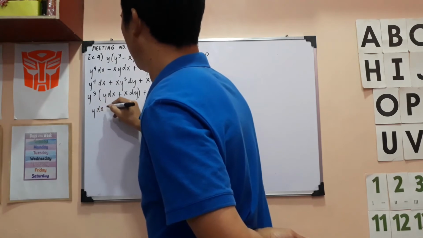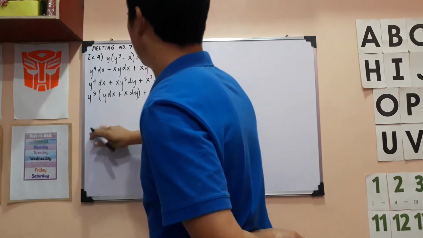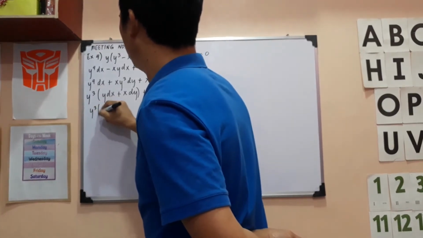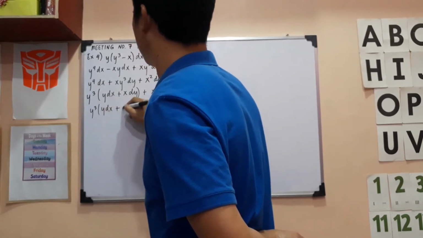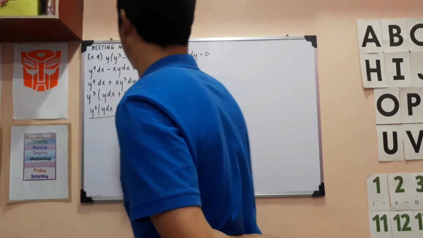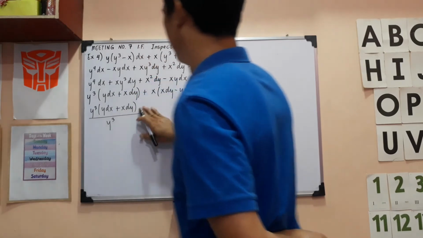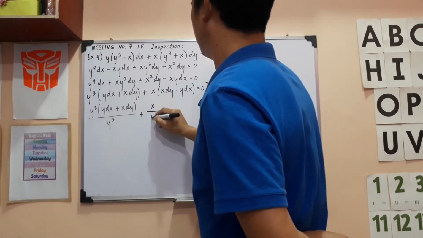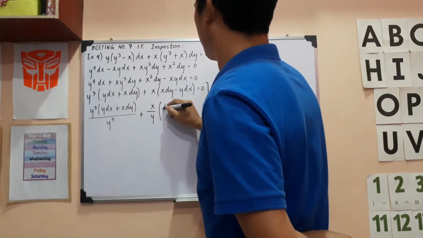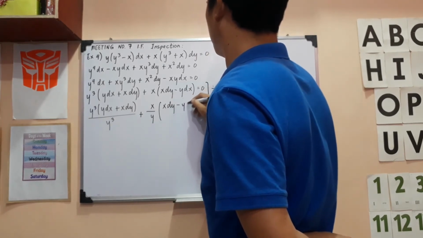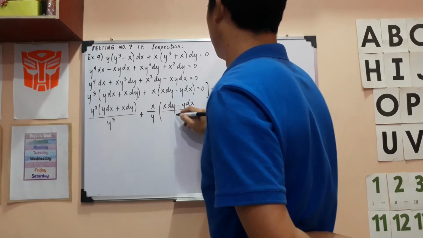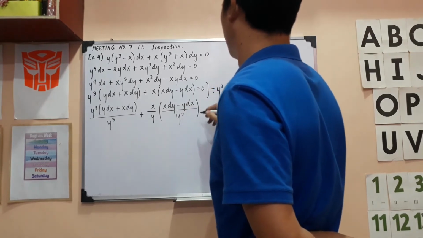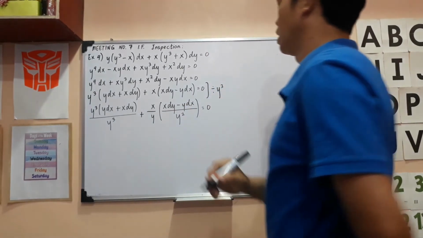So, y dx. So, y cube, y dx plus x dy all over y cube. Walang problema, no? Cancel lang yon. Plus, how about this? This is x over y. Parang kanina sa example 2. And then, ito ay y square. O, di ba? Is equal to 0.